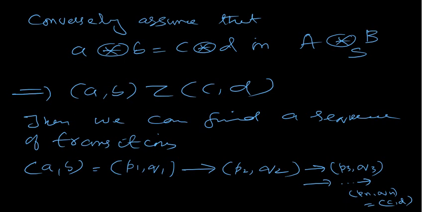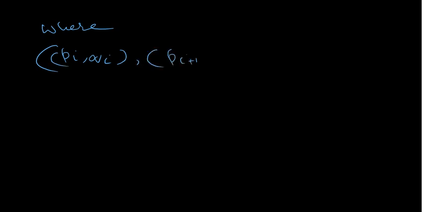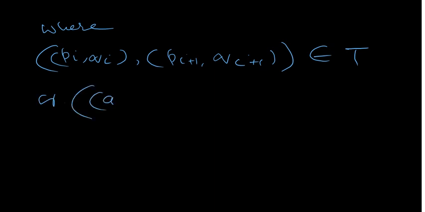So we have this sequence of transitions from (A, B) to (C, D), where this transition means that (P_i, Q_i) to (P_{i+1}, Q_{i+1}) either belongs to T, or it belongs to its inverse.